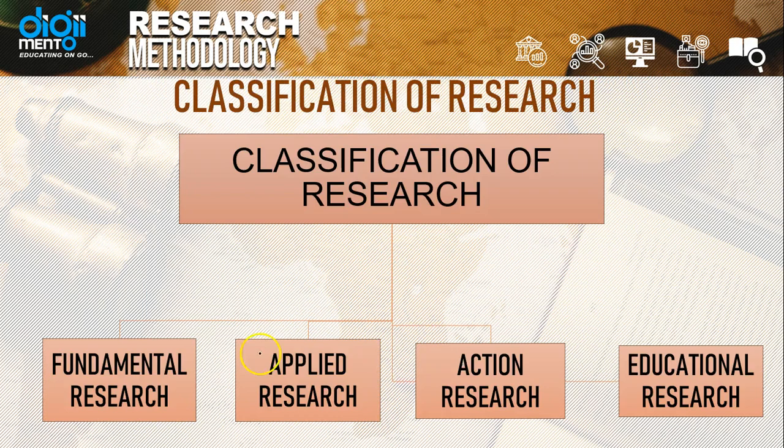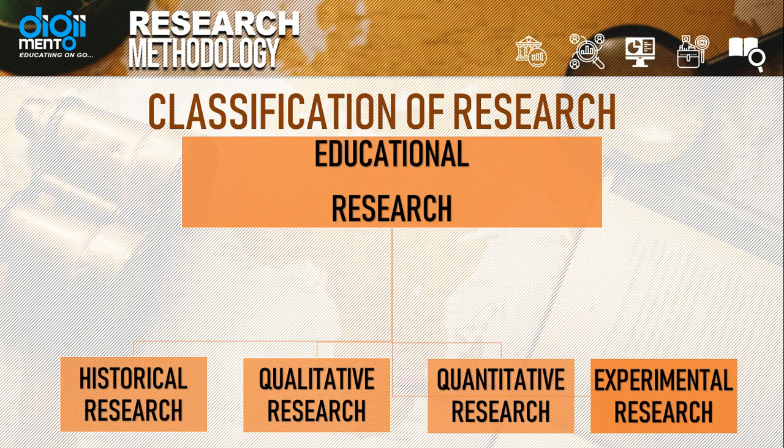Now the next one is classification of research. In the classification of research, basically we divide research into 4 types. The first type is fundamental research, second is applied research, third is action research, and the fourth is educational research. Further we divide educational research into different parts: historical research, qualitative research, quantitative research, and experimental research.